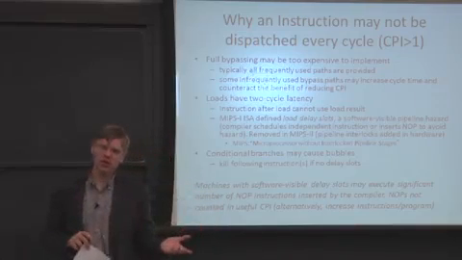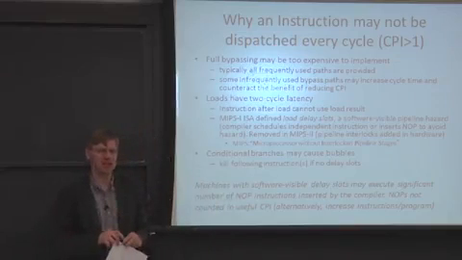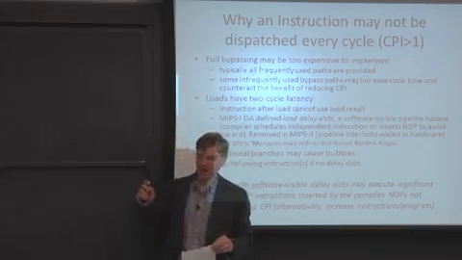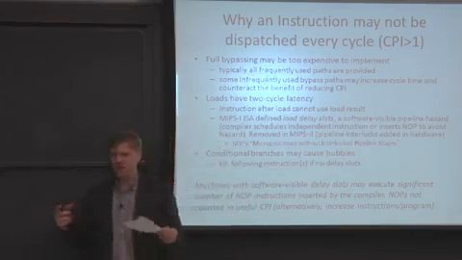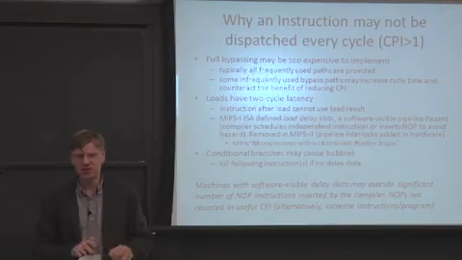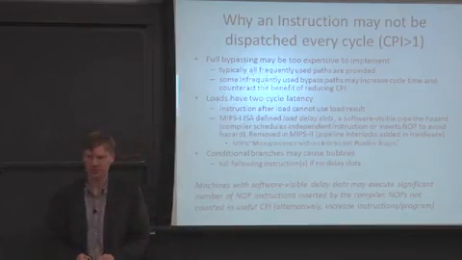So what you typically will do is figure out what are the common bypasses, or the common forwarding paths that are needed, and you'll have those. And then some of the infrequently used ones you just won't build. This will help with your cycle time, but hurt with your CPI.